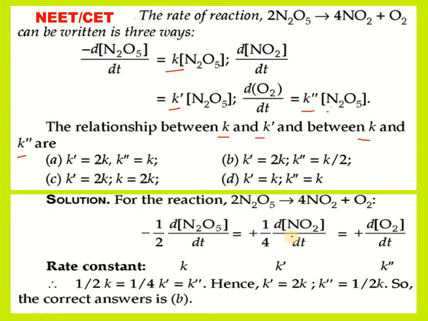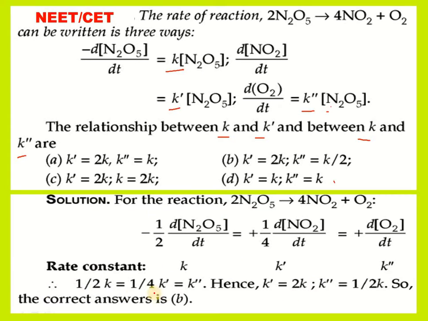Likewise, plus 1 by 4 d by dt of NO2 concentration is K dash into N2O5. Likewise, d by dt of O2 concentration is given as K double dash into N2O5 concentration. After cancelling N2O5, we got 1 by 2 K is equal to 1 by 4 K dash is equal to K double dash.